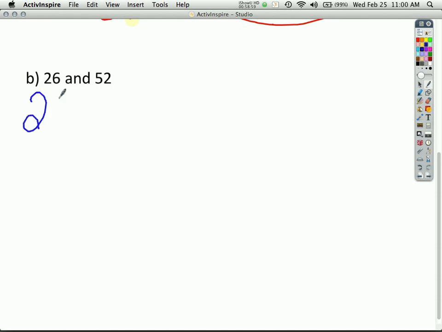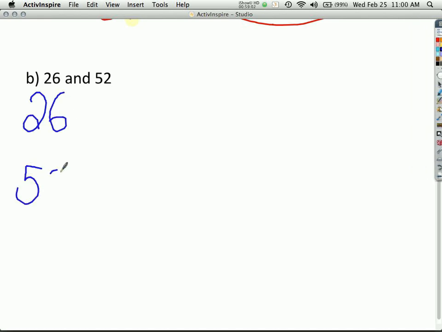What I'm asking you to do is use the fade in and fade out, the fade out and fade in technique. That's what I'm calling it. Whatever you want to call it. It's basically finding the prime factorization of 26. Then do it again for 52.